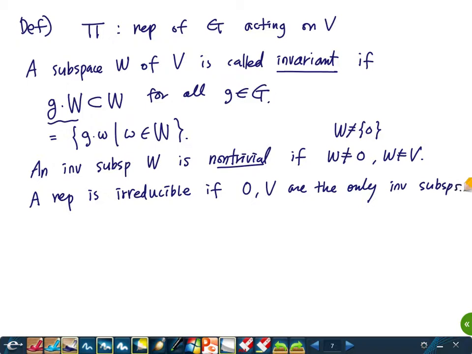In other words, there are no non-trivial invariant subspaces. They mean the same thing. Okay.